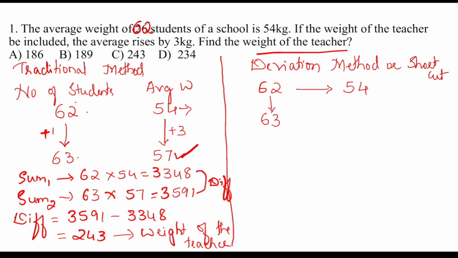When the new teacher is included, since the number increased, it is given that the average weight also increased. How much did it increase? It increased by 3. So the new average became 57. This means that each person, all 63 members, are having 57 weight, isn't it? So now what is the weight of the teacher?